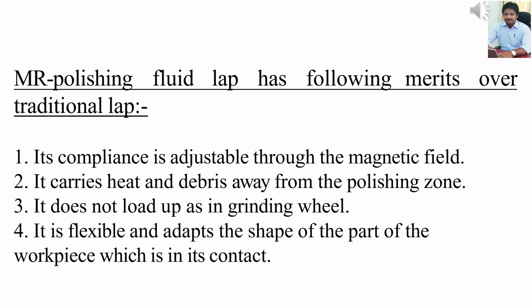Most importantly, the fluid lap is flexible and adapts to the shape of the workpiece, enabling a uniform and high-quality surface finish. So it is clear that even an irregularly shaped end product can be precisely machined through this MR technique.